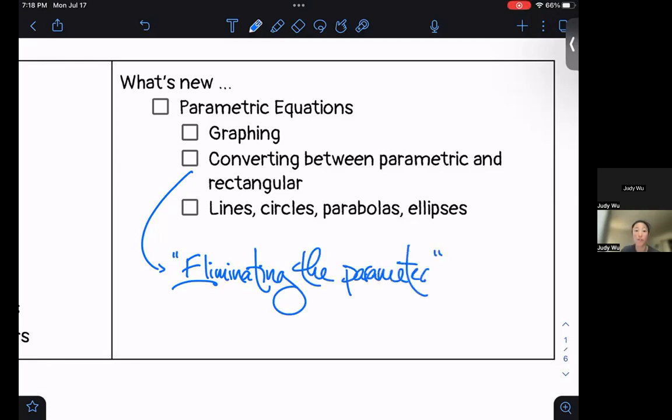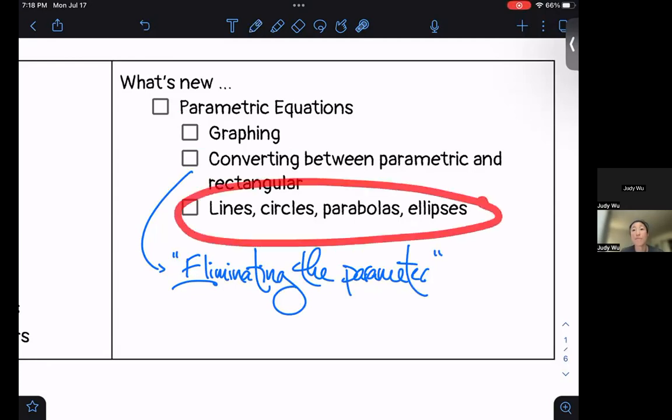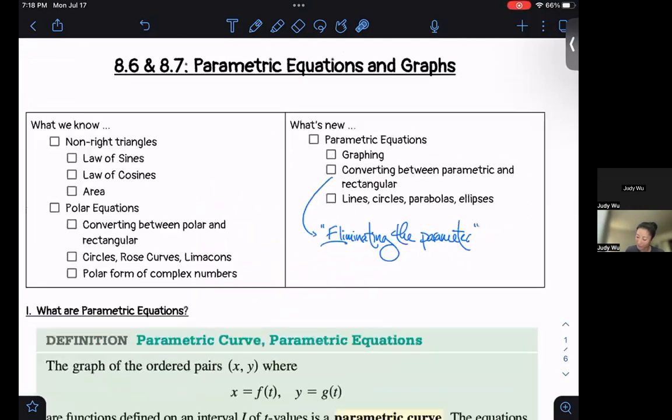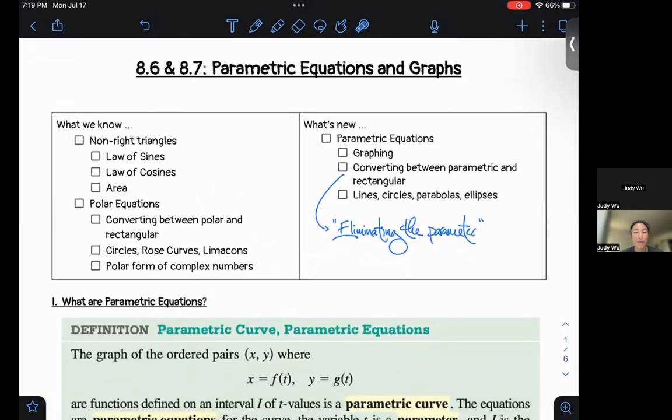And lastly, we're going to focus on some special cases of parametric graphs so that, just like we did with polar, we can predict what a graph is going to look like just based on the equation. So that's what we know and what's new.